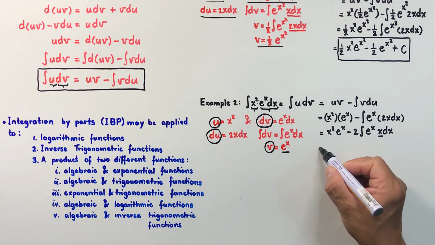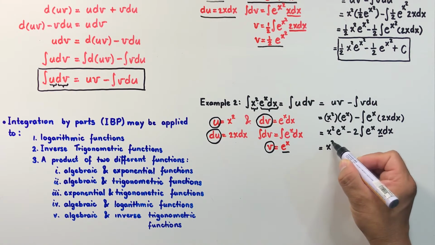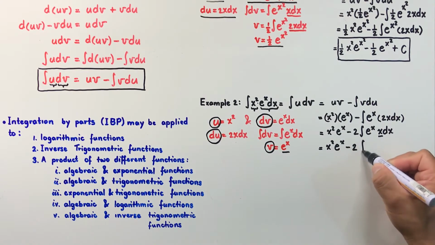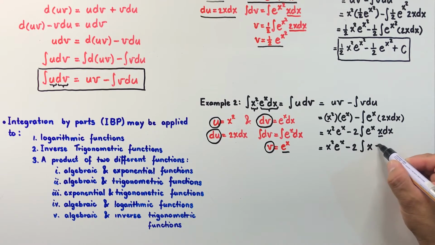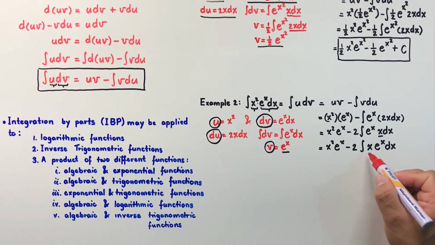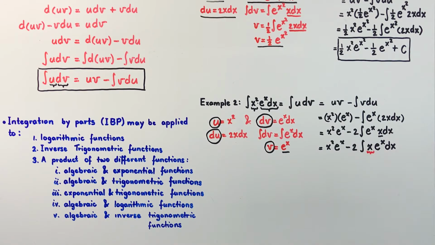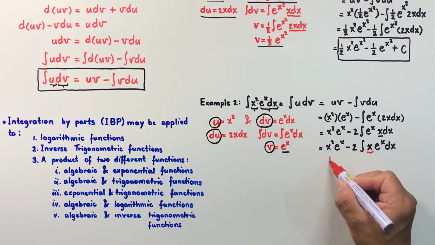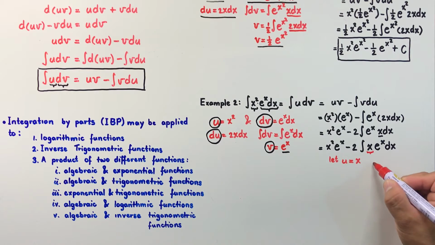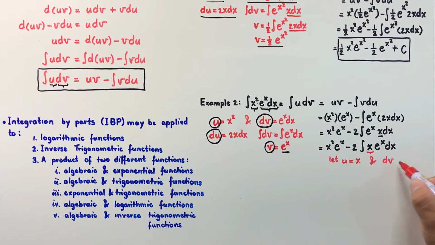So rewriting this one, we have x squared times e to the power x minus 2 times the integral of x times e to the power x dx, wherein this x is our new u. So our new u this time is equal to x, and our new dv is the e to the power x dx, because the remaining part is our dv here.